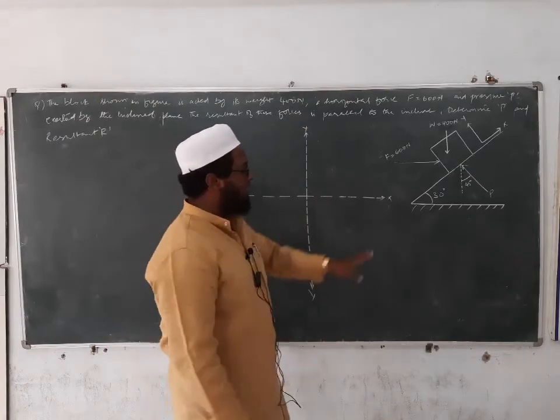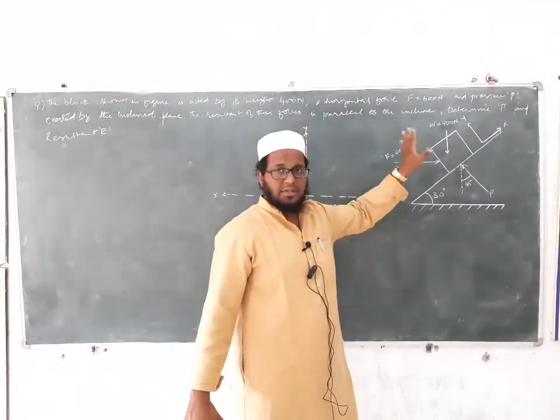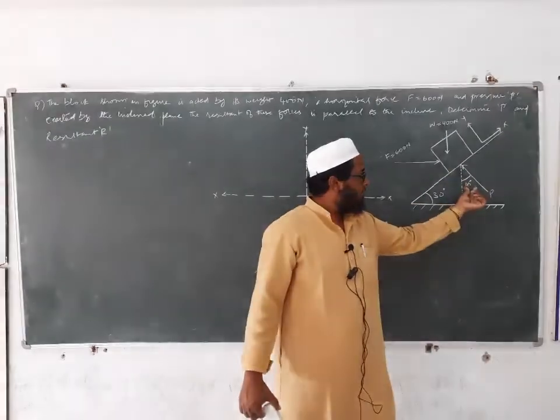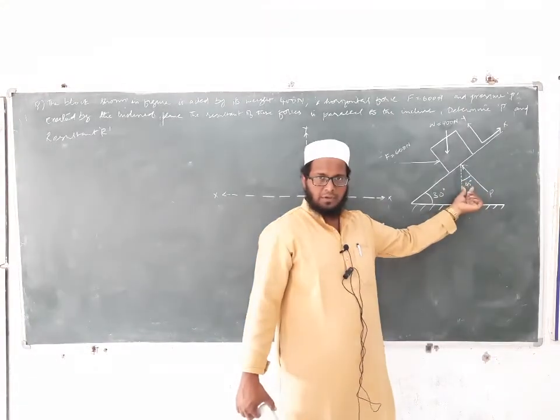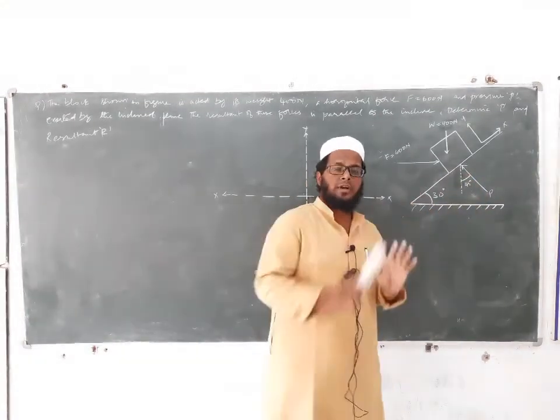Now here, we have exactly horizontal and vertical forces, along with one force which is acting inclined to the vertical, our original one. So I will first draw the forces, then rotate my x and y axis.